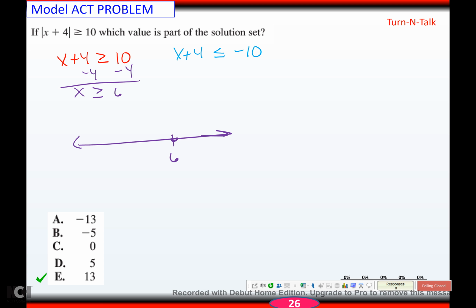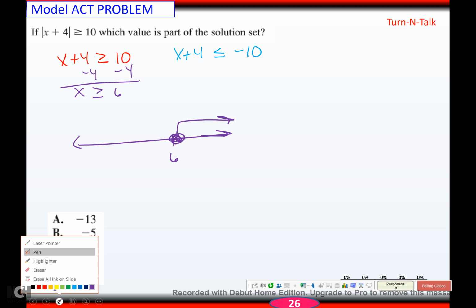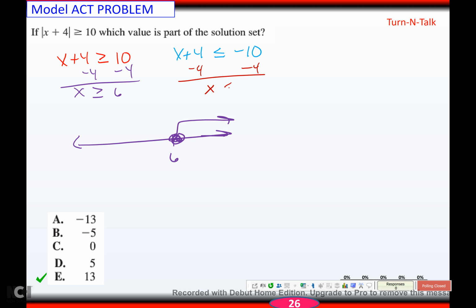So closed circle to the right. To solve the blue one, I'm going to minus 4, I get x is less than or equal to negative 14. So negative 14 gets a closed circle and to the left for less than. So my solutions are here and here.